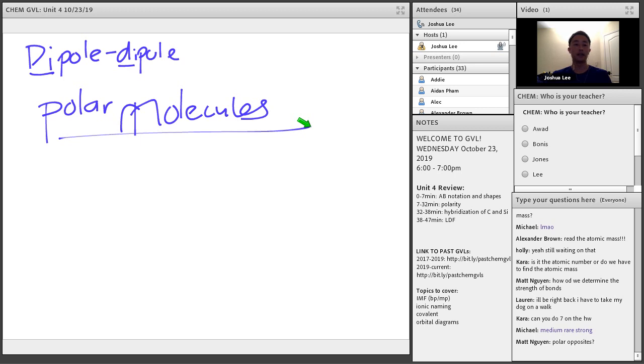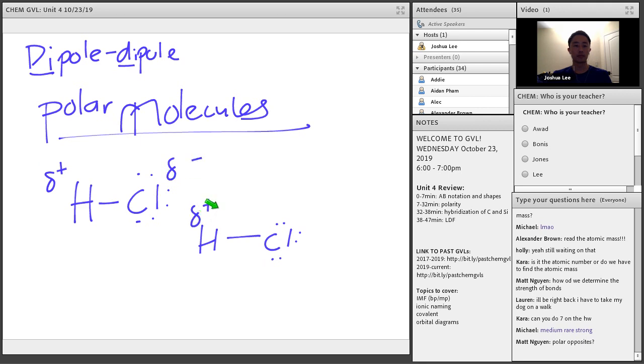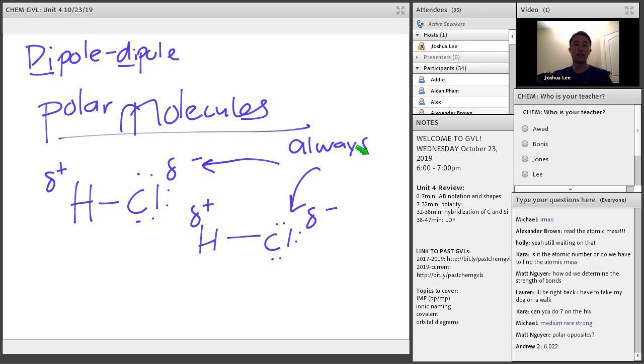What happens here in a polar molecule, it's the same thing actually as London dispersion forces. It's just that this chlorine, they will always be the negative side because chlorine is more electronegative than hydrogen.